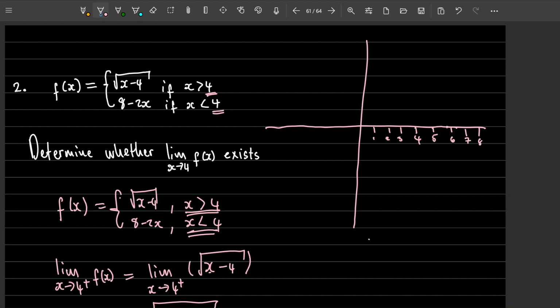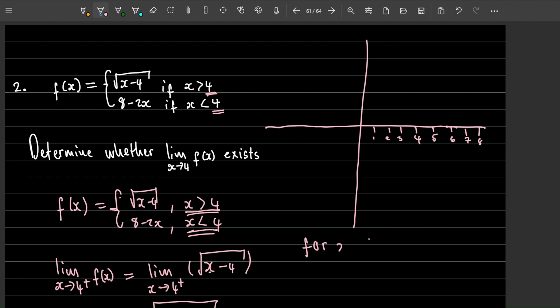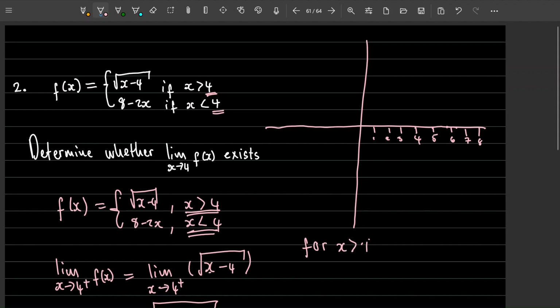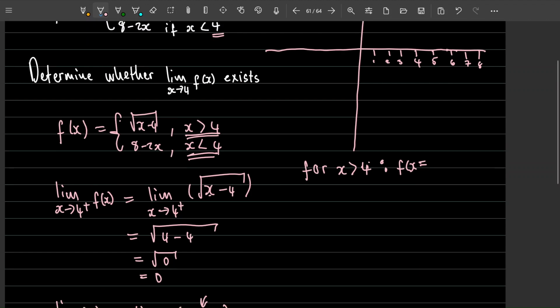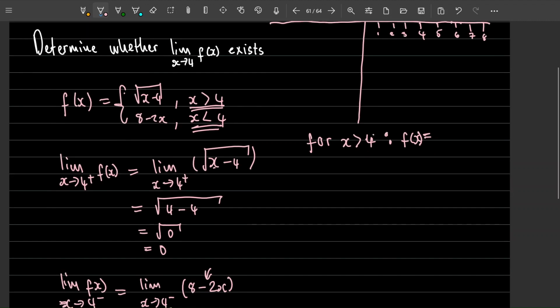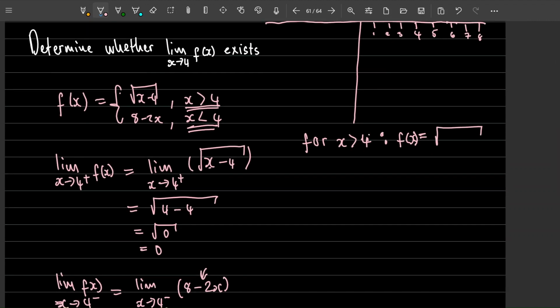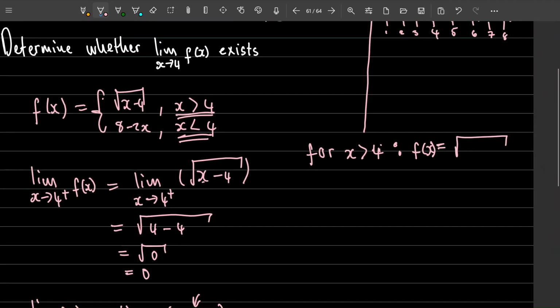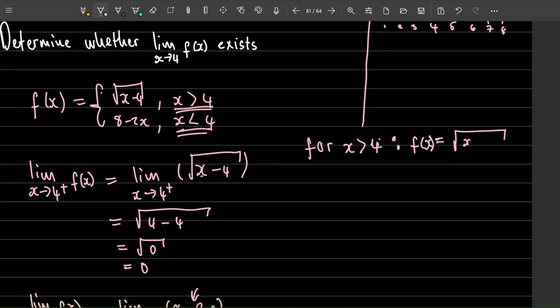For x greater than 4, I know that my f of x is equal to the square root of x minus 4.